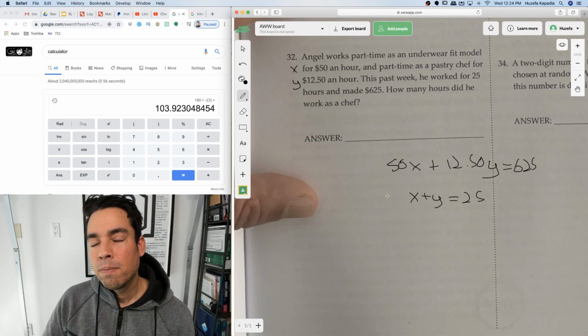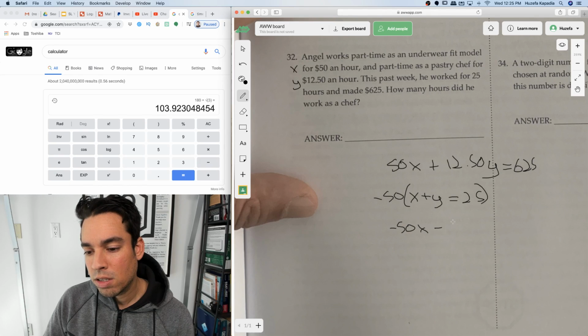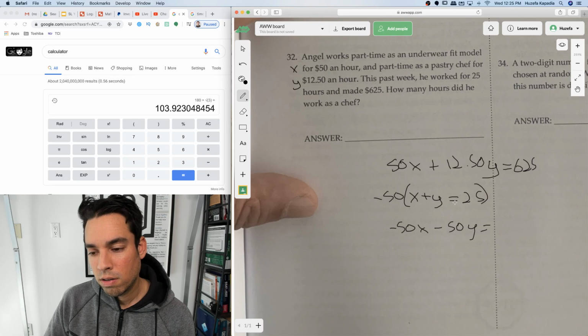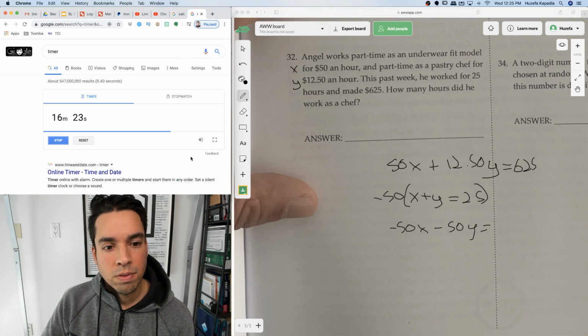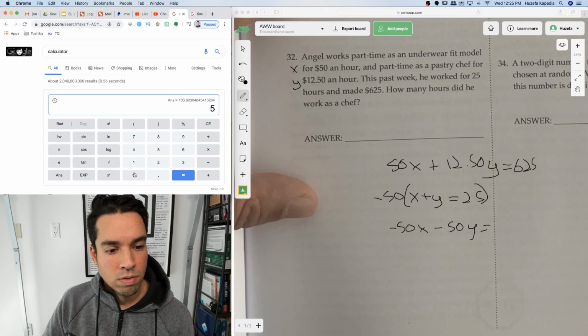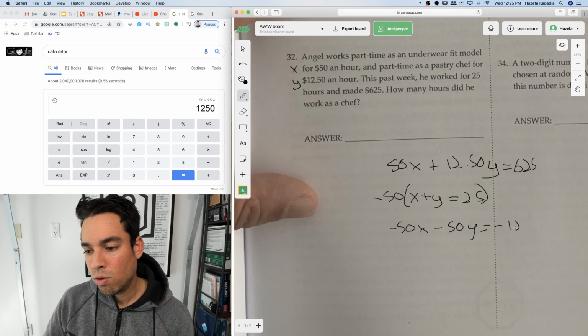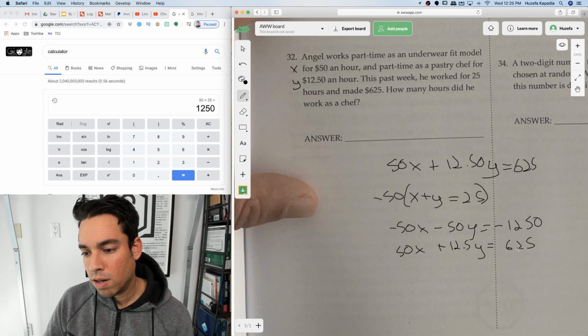I'm going to use elimination. So I'm going to multiply the bottom by negative 50. So then we cross out the x's. So it's negative 50x minus 50y equals, I'll just use a calculator. 1250 equals negative 1250. And then this guy on top is good to go. 50x plus 12.5y equals 625.